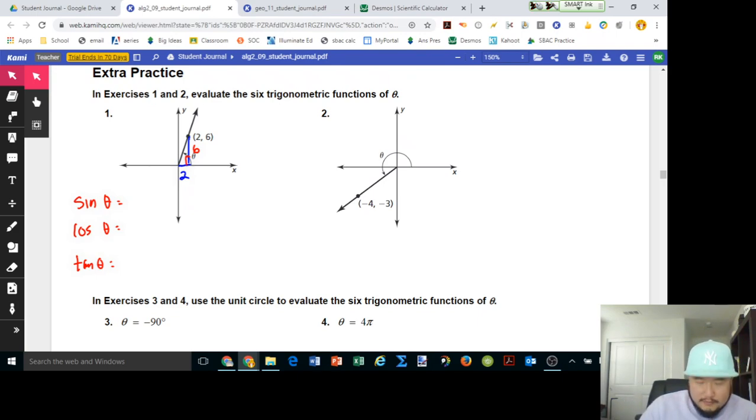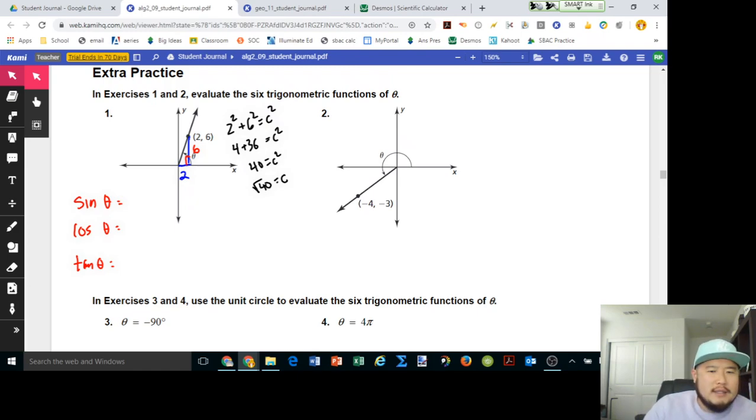So we have 2 squared plus 6 squared is equal to c squared. And we got c is equal to rad 40.